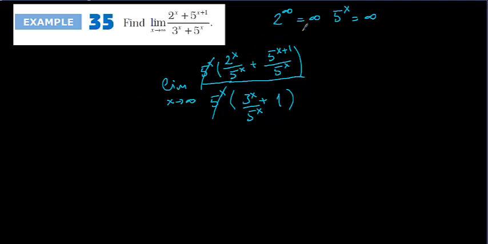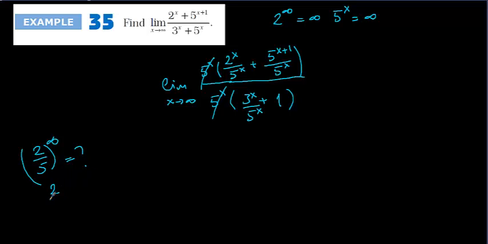Now we should try to understand what 2 over 5 to the power of x is when x goes to infinity. Normally, when the power is increasing, for a rational number between 0 and 1, the value gets closer to 0.